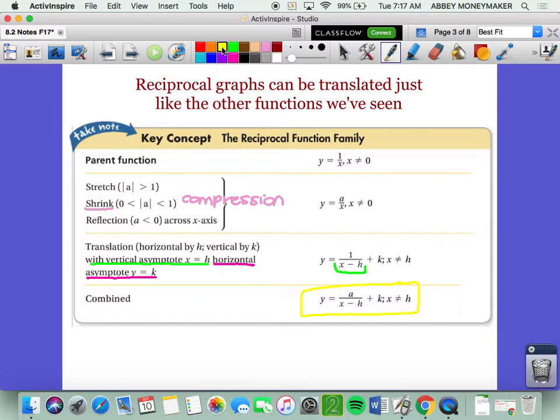The a tells you whether you're stretching or compressing and whether you're reflecting. The h tells you your shift horizontally, and it also tells you your vertical asymptote. And the k tells you your vertical shift, which is your horizontal asymptote. That's really confusing, so take a second and work on that right there.